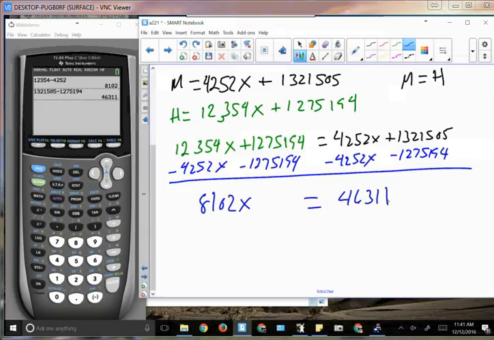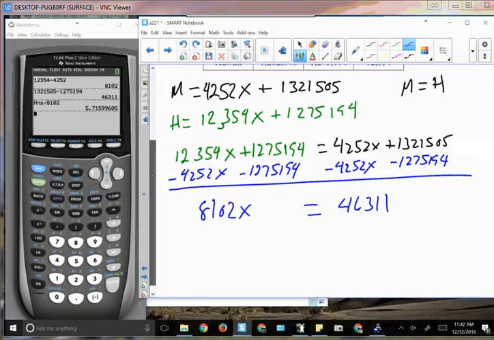I got to divide. Why do my numbers seem off there? Because something doesn't, actually, keep going from there. So now I'm going to divide by what? 8102. And I end up with 5.7. Something is off. It's supposed to be 6.7.